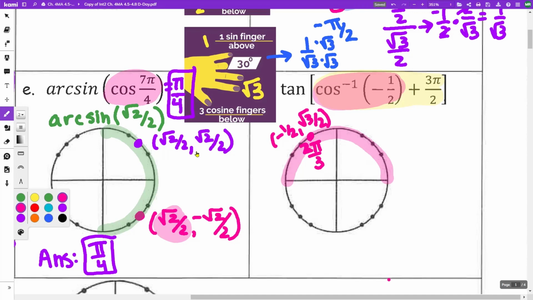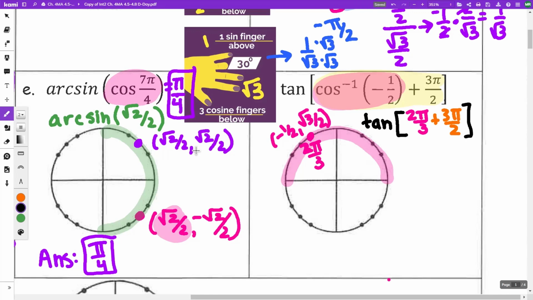So what's happening now is I'm going to be taking tangent of, and I'm going to put that 2 pi over 3 in here. And then I had this 3 pi over 2 that was there. I'm going to clean that up. I'm going to get a common denominator. So I'm going to write each of these in terms of 6. I'm going to multiply the first fraction, top and bottom, by 2.